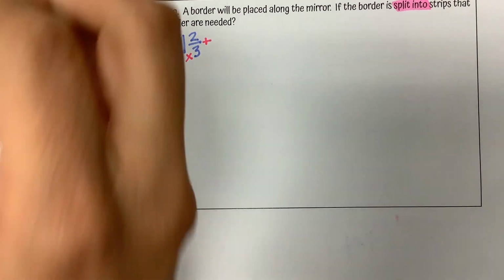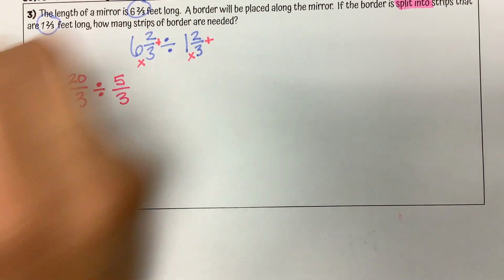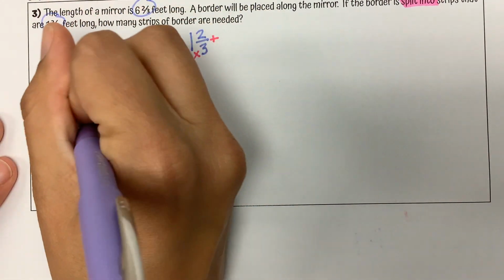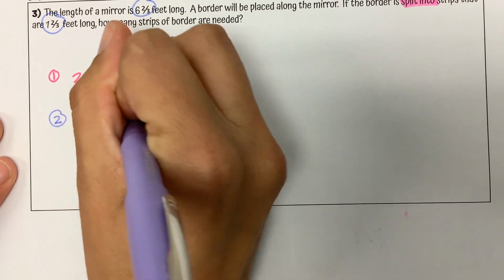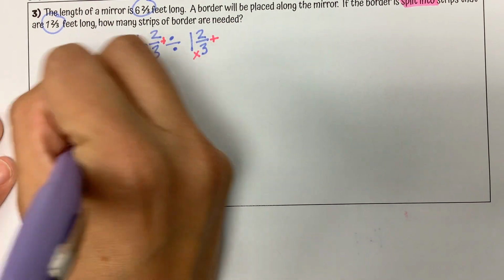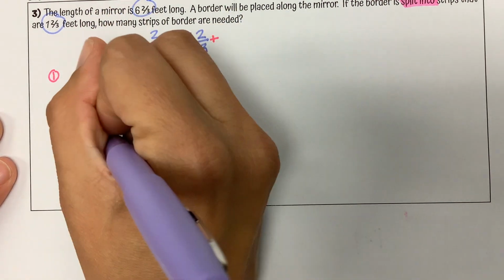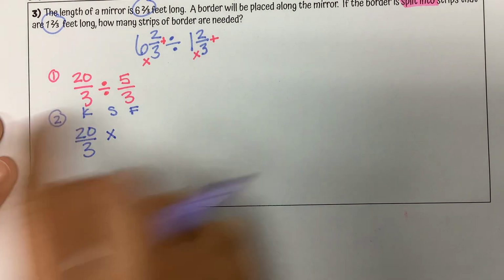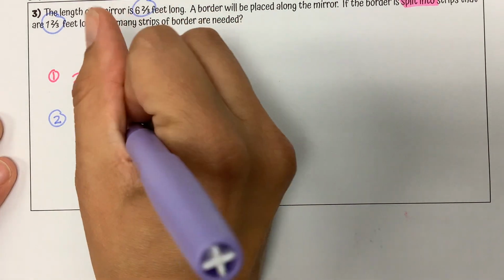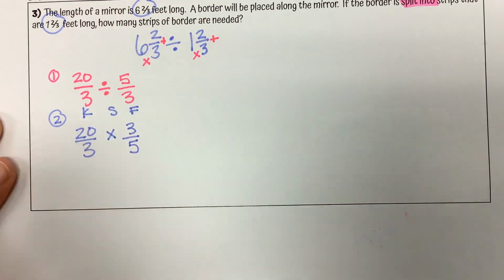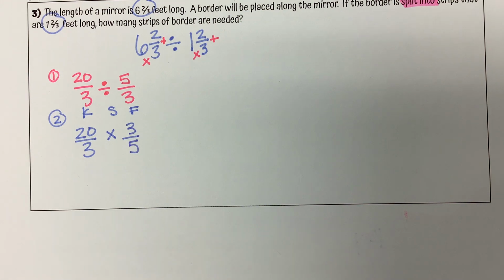Now that they're fractions, step 2, we can keep it, switch it, flip it. So keeping that first number as 20 over 3, switching it from division to multiplication, flipping it from 5 over 3 to 3 over 5.